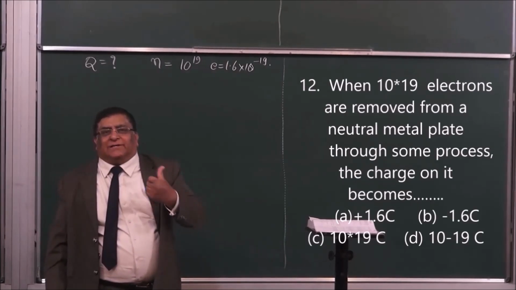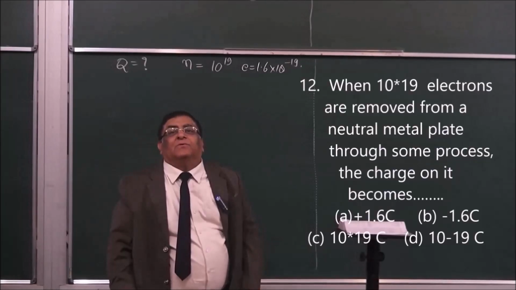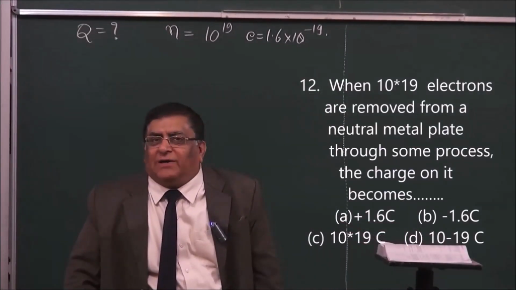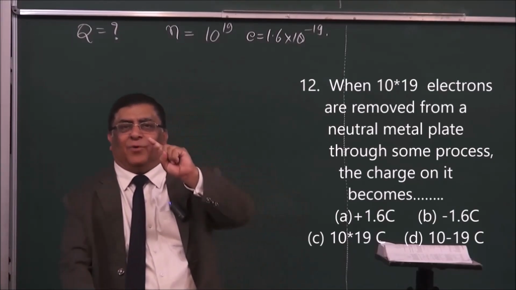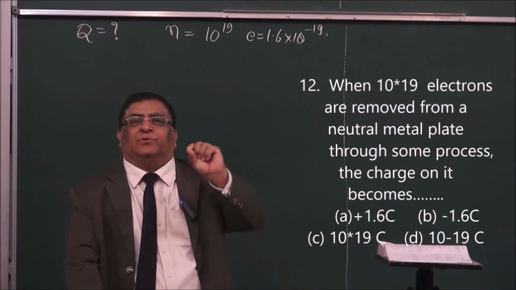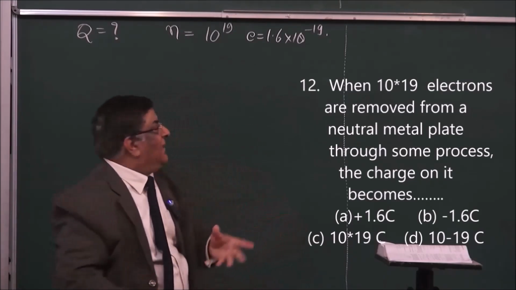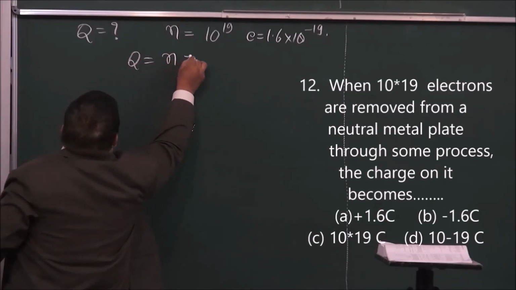We all know that Q and e, this is the famous formula of quantization. And what is this quantization? The charge on any body, Q, is equal to the number of electrons either given to it or taken out from it, and the relation is Q is equal to ne.